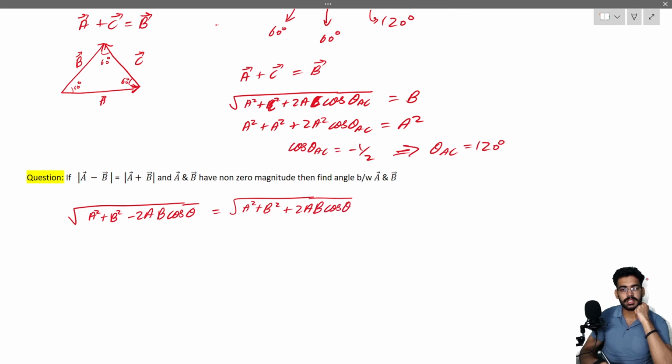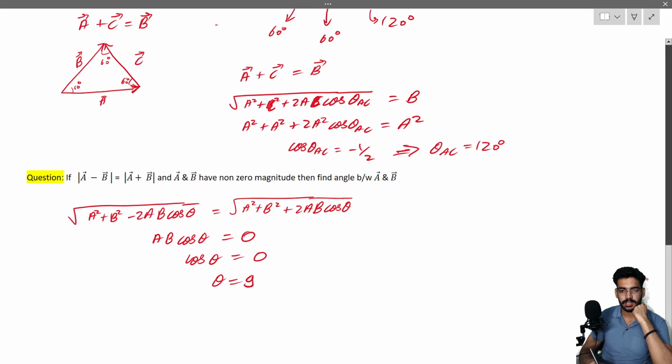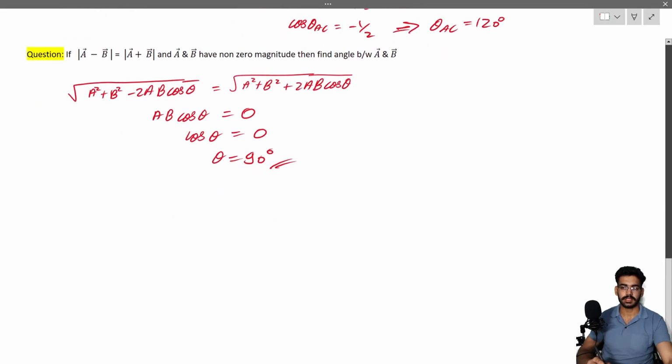If you square them, a square and b square cancel out, and a and b are non-zero, so you get ab cos theta equal to 0. Since a and b are non-zero, cos theta has to be 0. So if cos theta is 0, theta equals 90 degree. So the angle between A and B is 90 degree. That's how we answer.